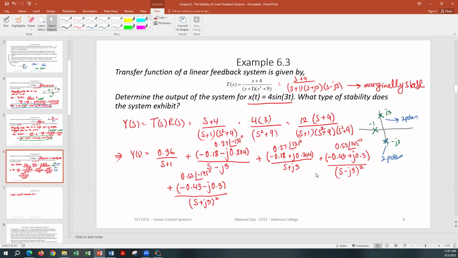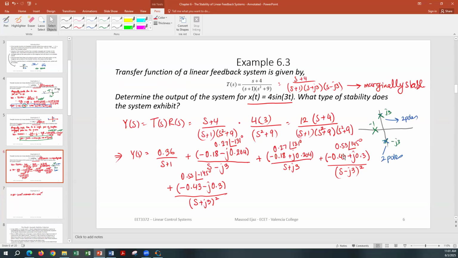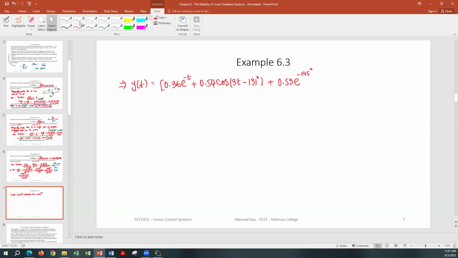Plus, okay, let's look at this pair now. We have 0.53 angle 145, so we can write down e to the power negative 145 degrees, positive 145 degrees.